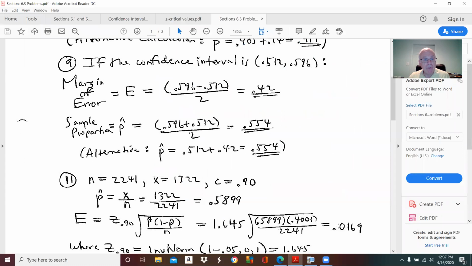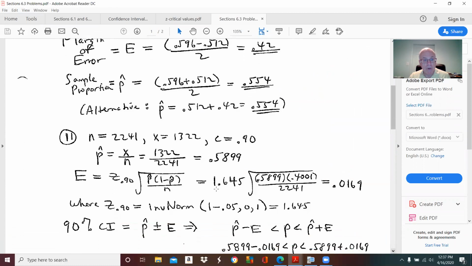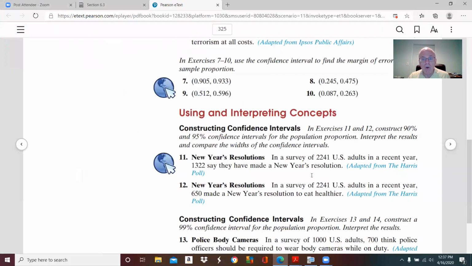This is going to be number 11. I've written down n is 2241, x is the count of the number of people. Now, what was the problem again? The number of people who made a New Year's resolution. They polled 2,241 US adults in a recent year, and 1,322 of them said they made a New Year's resolution.